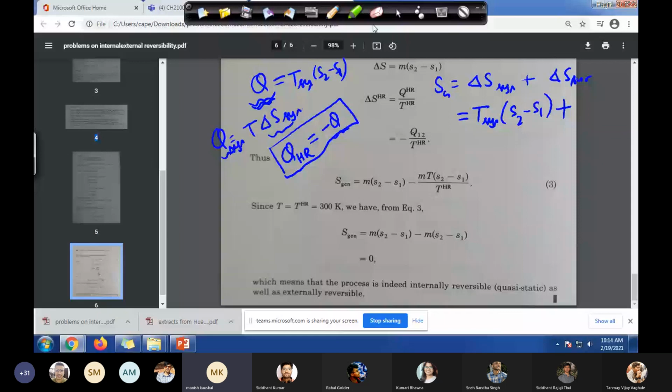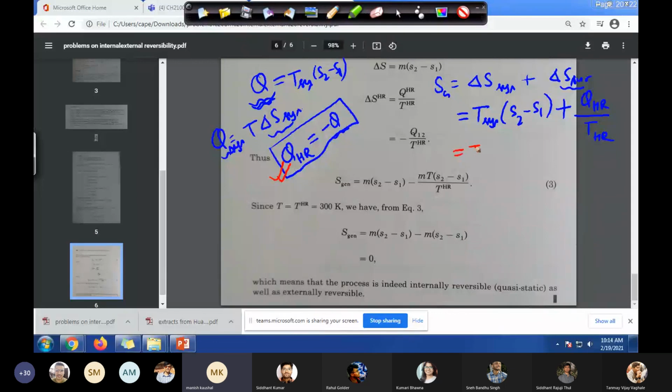So if you have any confusion, you just write delta S surrounding as QHR, heat given to the surrounding, by THR. And remember, QHR is minus Q. Numerically they are equal, but their sign is opposite. So there is no scope of confusion.